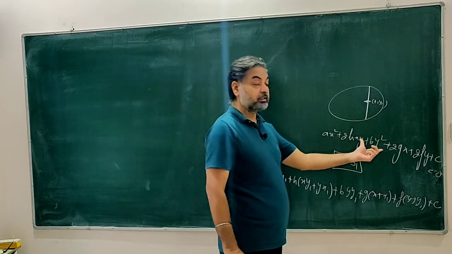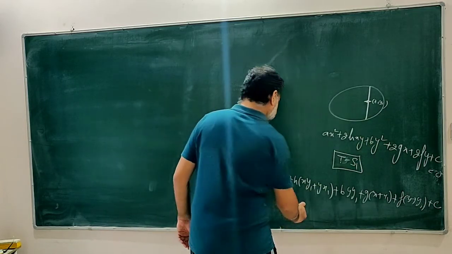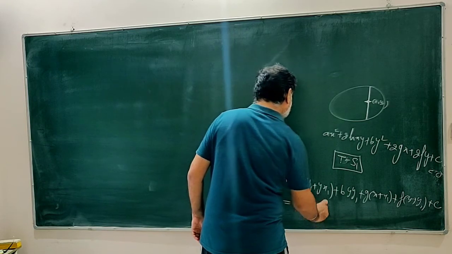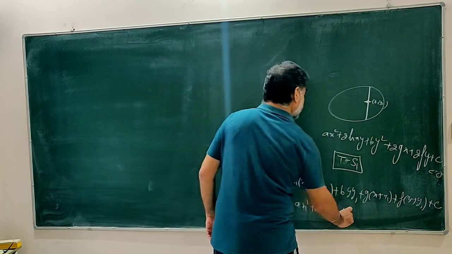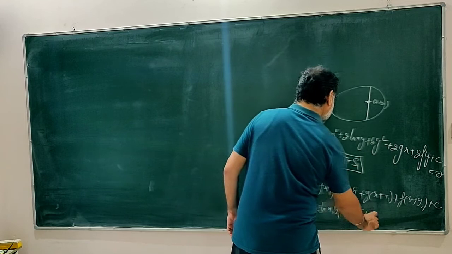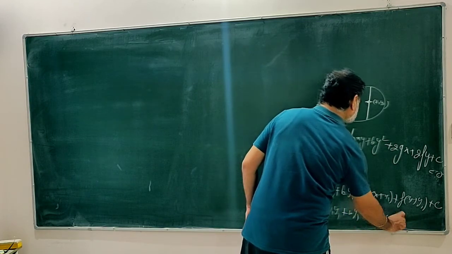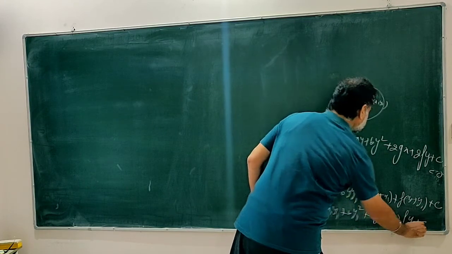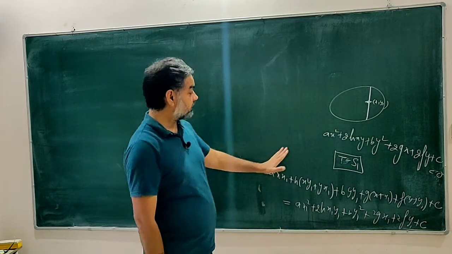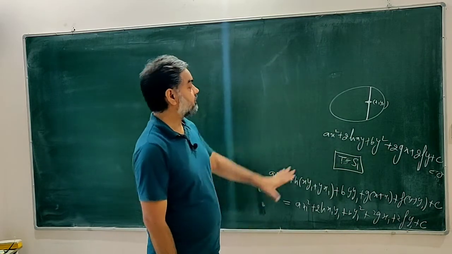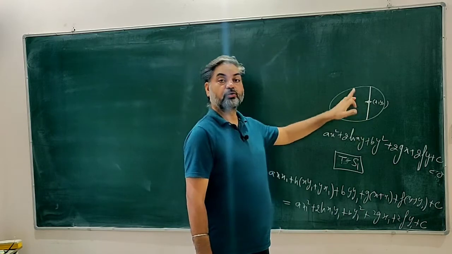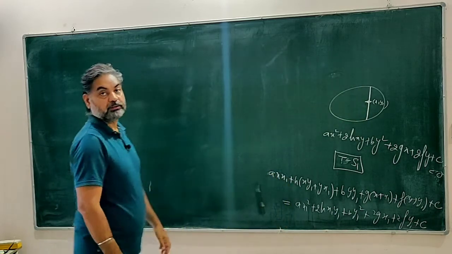Just put x1 and y1 in this expression. So this is ax1 square plus 2hx1y1 plus by1 square plus 2gx1 plus 2fy1 plus c. So T is equal to S1 gives the equation of this chord whose midpoint is known to us.